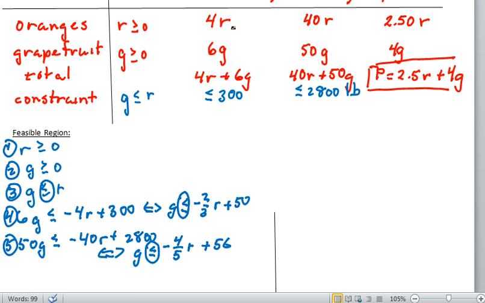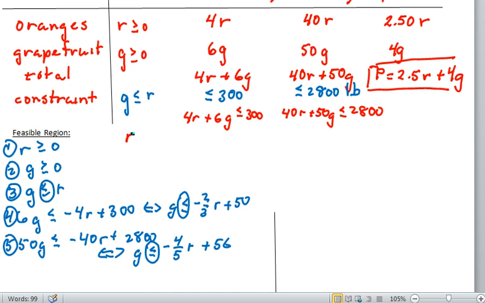I want to go back here and rewrite the constraints in a single line for the volume and the weight, because I think that makes it easiest for us to find some ordered pairs to plot our lines.